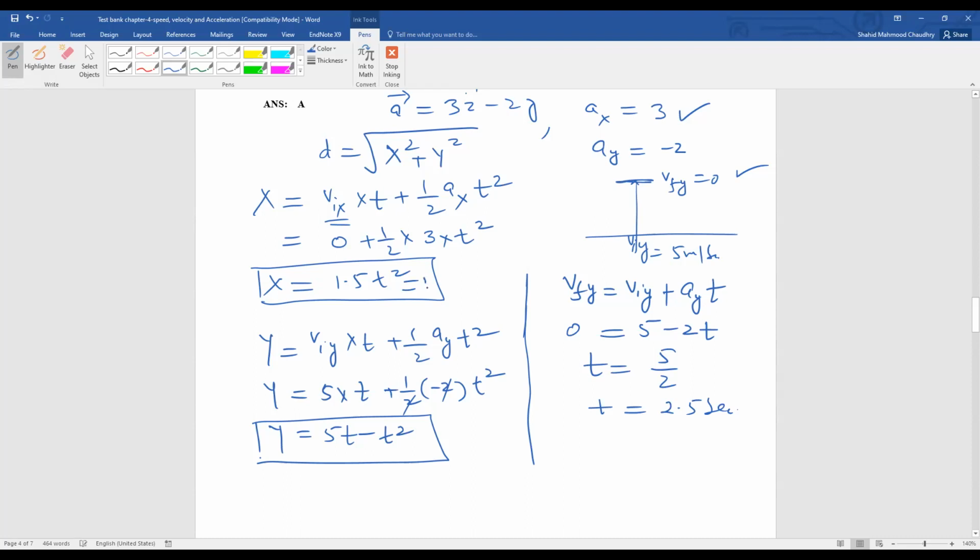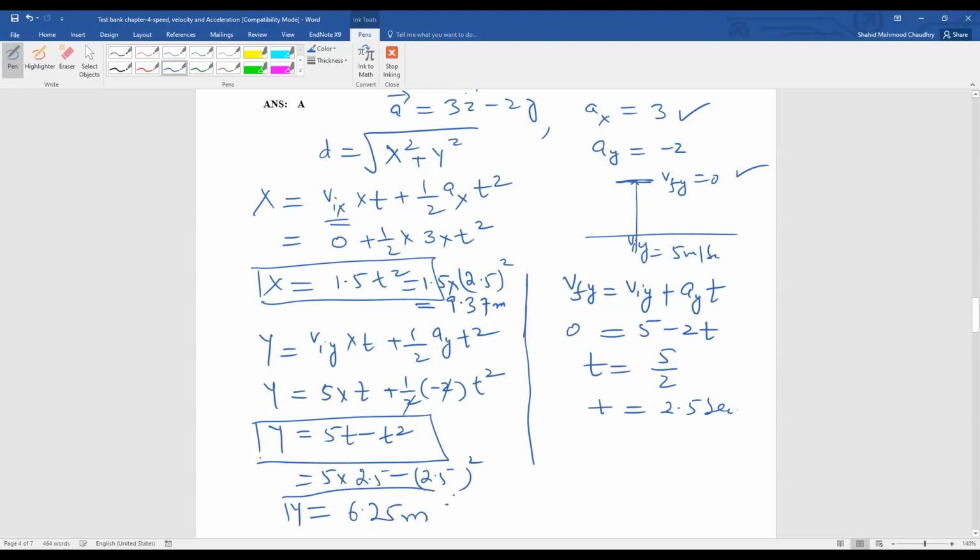Here you can put the value 1.5 into 2.5 squared. If we solve this, the answer is 9.37 meters. Similarly, you put the value here, 2.5 minus 2.5 whole squared, and the answer will be 6.25 meters.